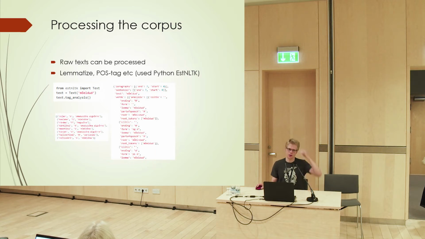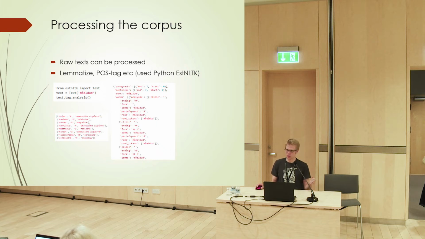For example, in Estonian there is EstNLTK, a Python package, and I think Latvian probably has a similar architecture. So if you used Python for other tasks during this workshop, it's the same kind of thing. You just run your text through a Python algorithm, and as a result you get not just words but, for example, lemmatized words.